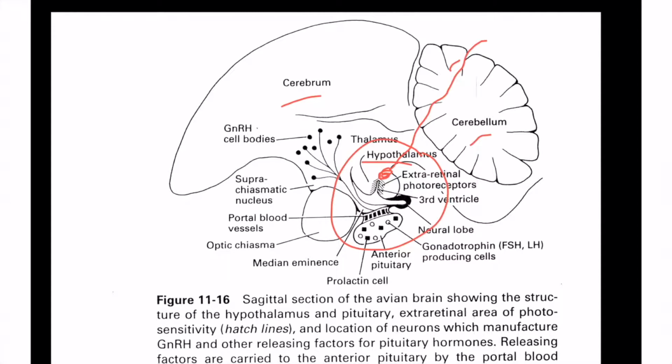Now, for the next step in this process, it helps to remember that the hypothalamus and the pineal are part of the endocrine system. That is, the system that controls the body's activities using hormones. And in fact, stimulation of these glands by light causes the release of hormones that can influence what birds do.